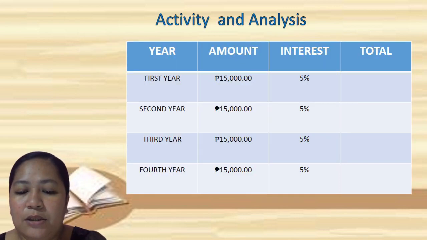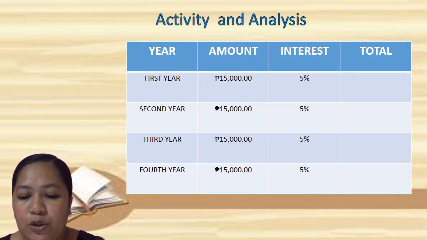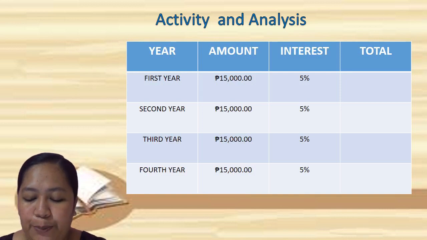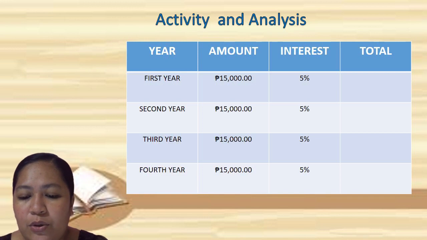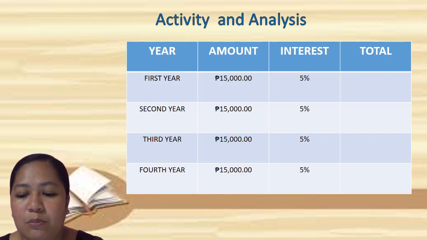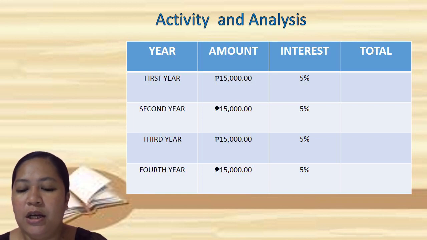So now, since we have the activity earlier about Joy, let's try to answer this activity or situation. So this is the table shown, if ever we will be using a table for this particular situation.